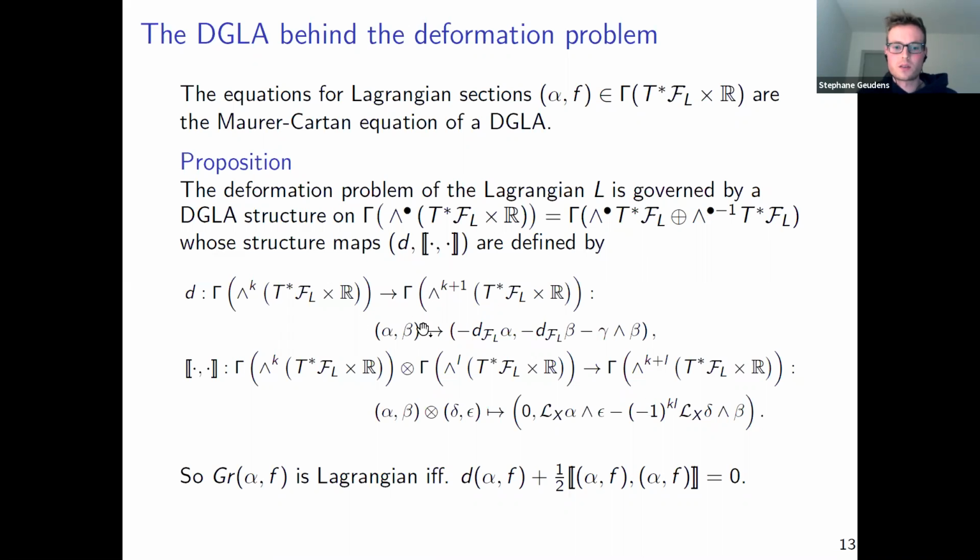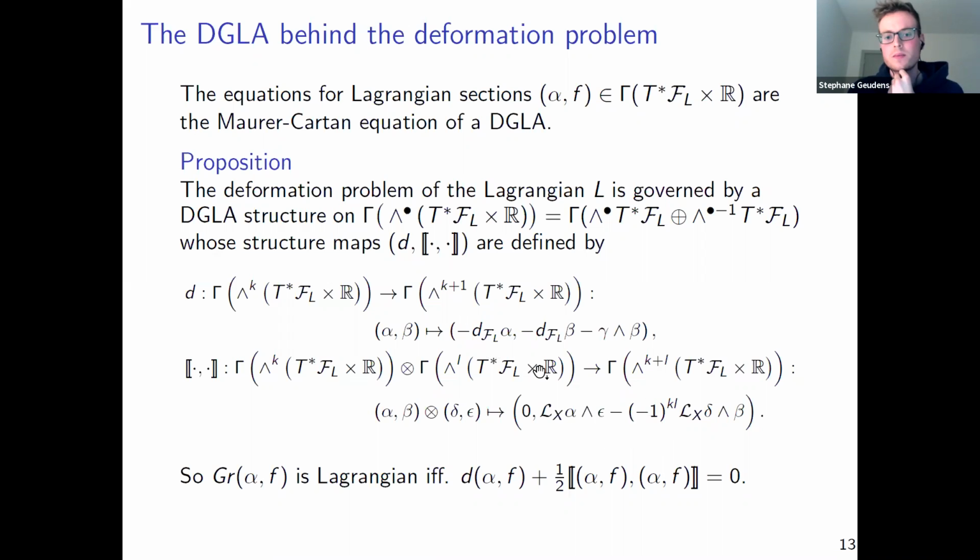And well, these are the structure maps, so a differential and a graded bracket. So the formulas are not very important, just the differential consists of 2 components, the foliated differential and the foliated differential twisted by this gamma. And the bracket involves taking Lie derivatives along this x that comes from the modular vector field.